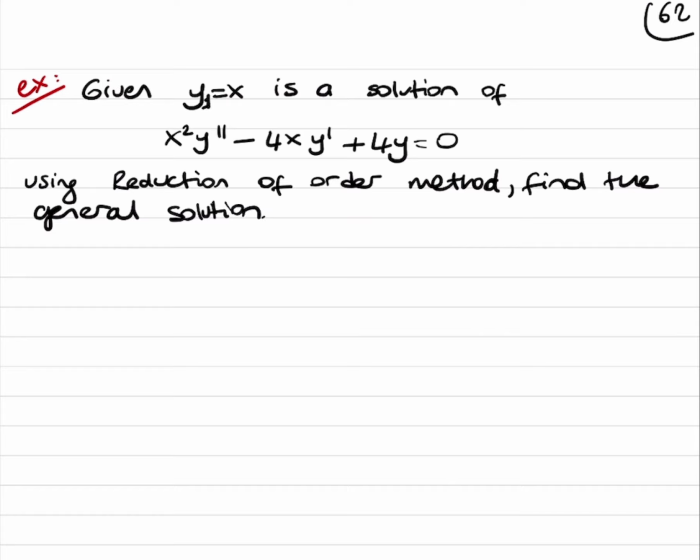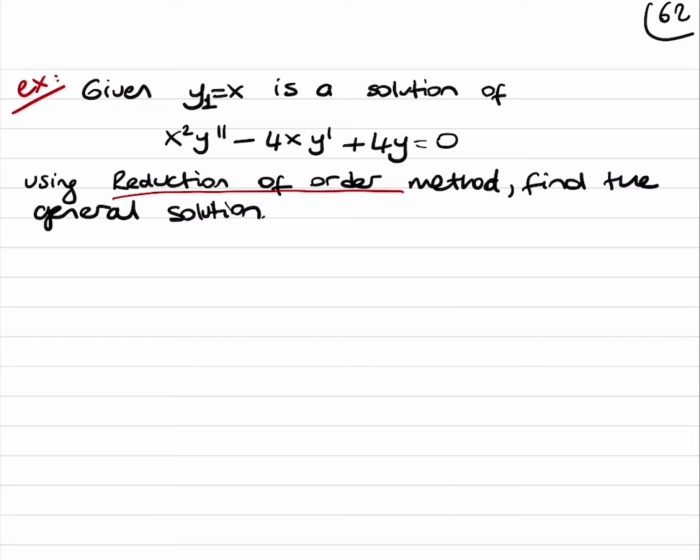Let's say y1 is equal to x so that we will not be confused. So given y1 equal to x is a solution of this homogeneous differential equation, and it says using the reduction of order method.